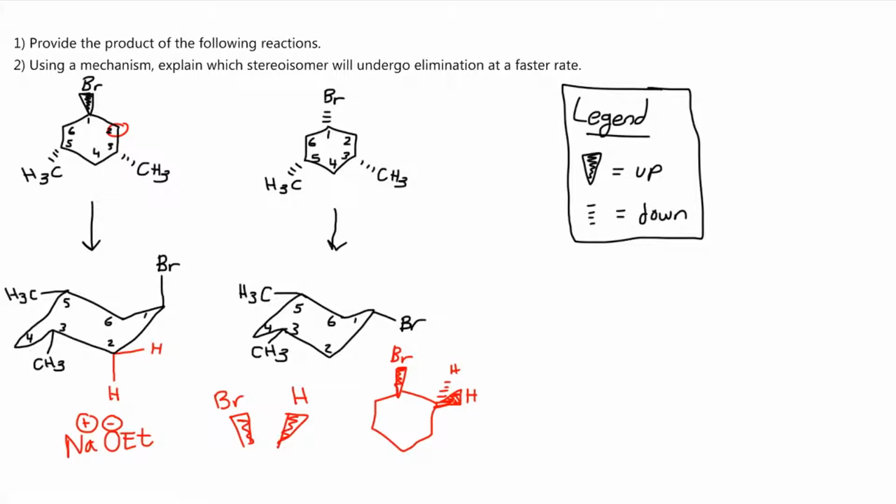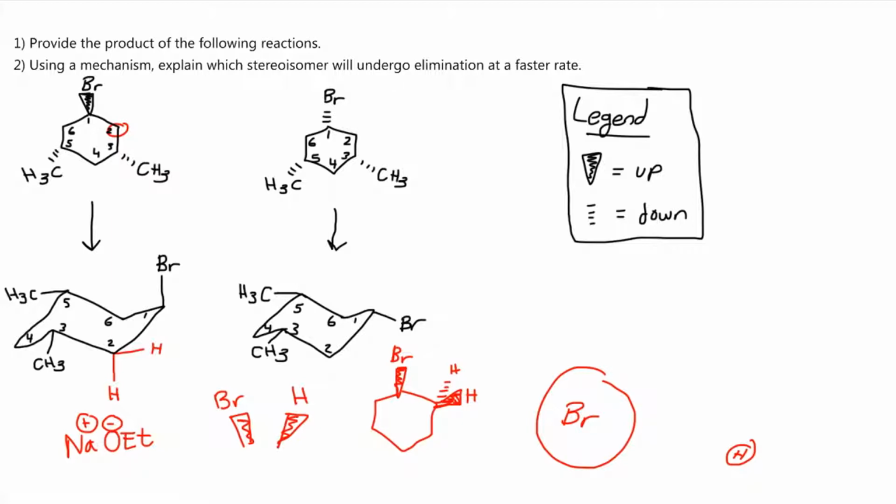Now, what does that mean for the ethoxide as it approaches this hydrogen? Let me try to visually represent it here. Here we have the bromine, and here we have the hydrogen. The bromine is the larger atom.